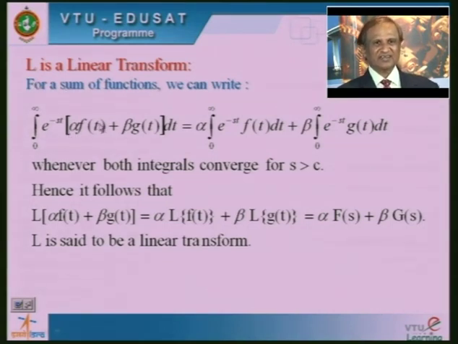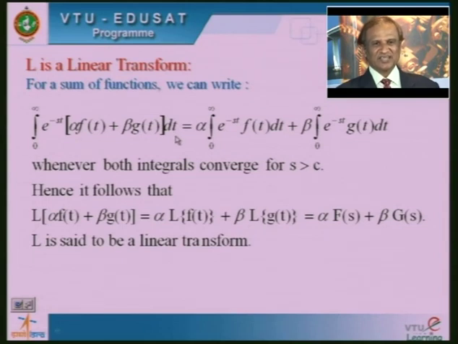Is it clear? Right. So for example, integration of 0 to infinity e to the power minus st, right. Suppose the given function may be in this form, right. So the given function may be alpha into f of t plus beta into some function say g of t.